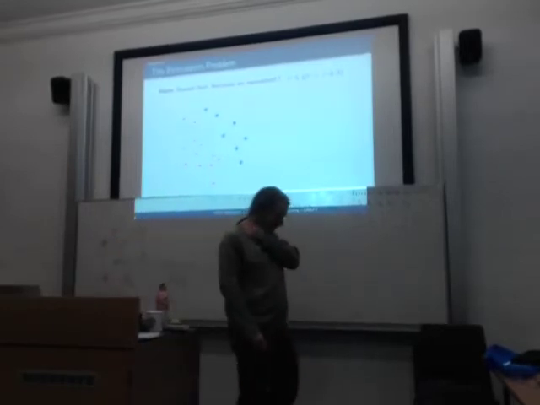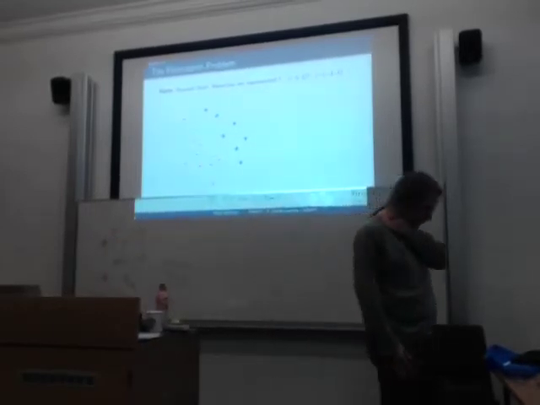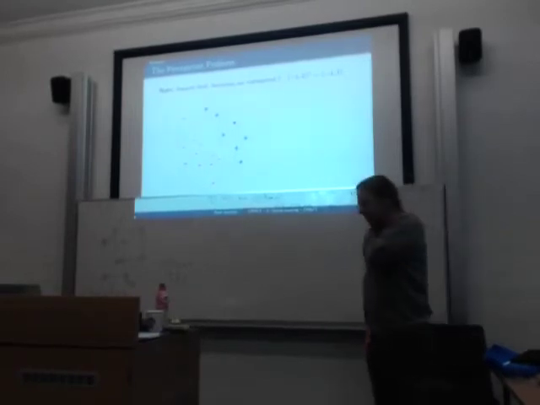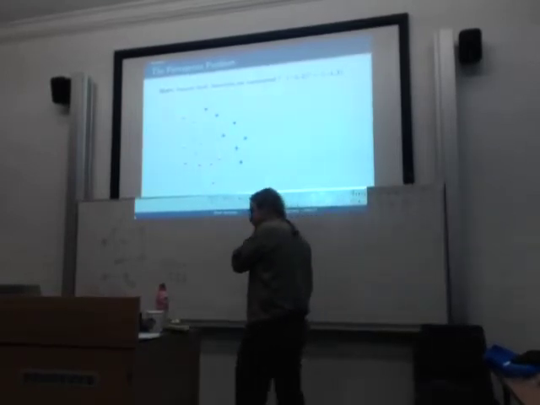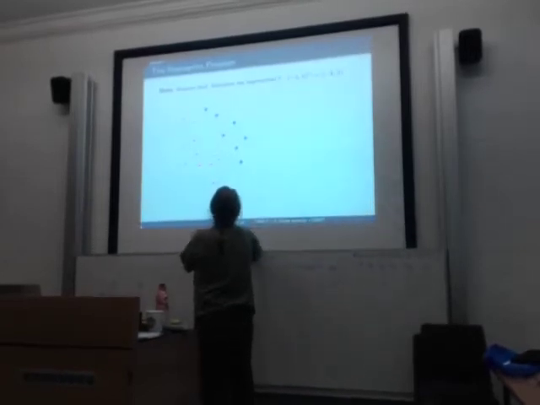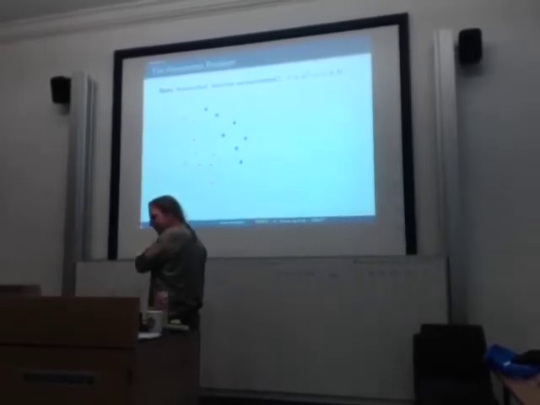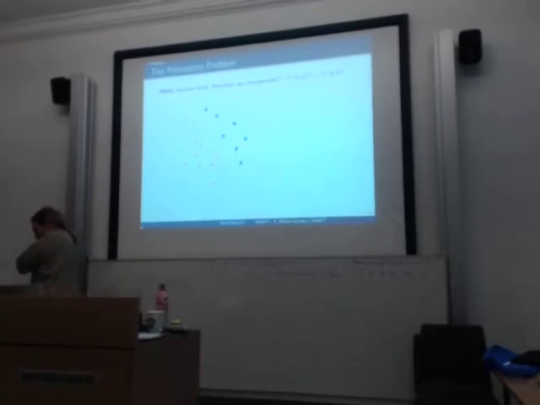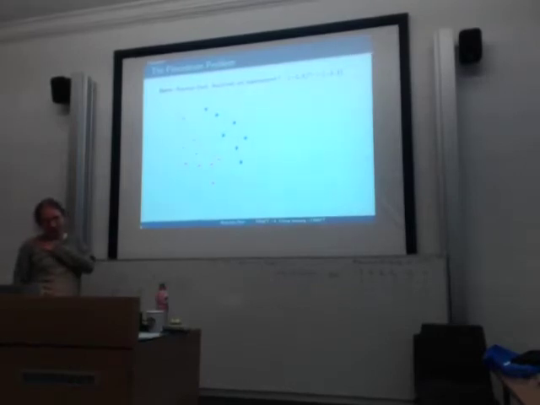We'll come back to that, but an easy algorithm to learn linear threshold functions, and then go from linear thresholds to disjunctions, is the Perceptron algorithm.